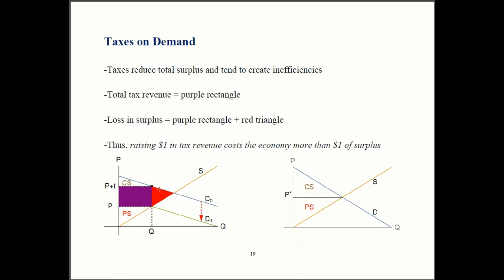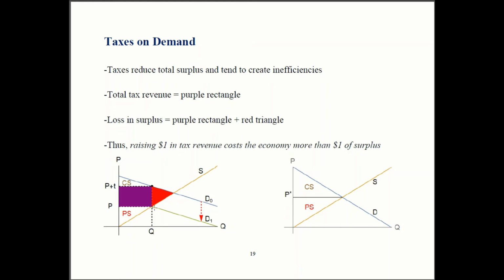I'm not going to pay a $5 tax to get just $1 in surplus. That's not worthwhile. So consumers start buying less, and some mutually beneficial trades no longer happen. So that's an additional loss to surplus, an additional loss to society's welfare.